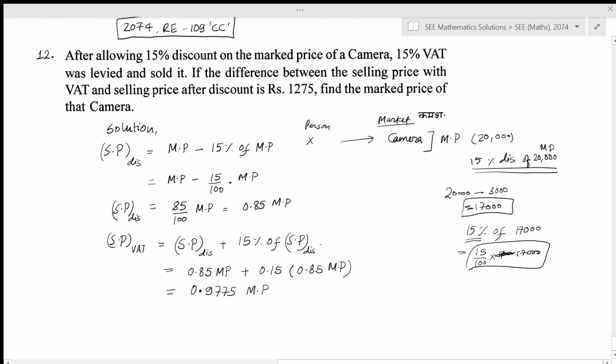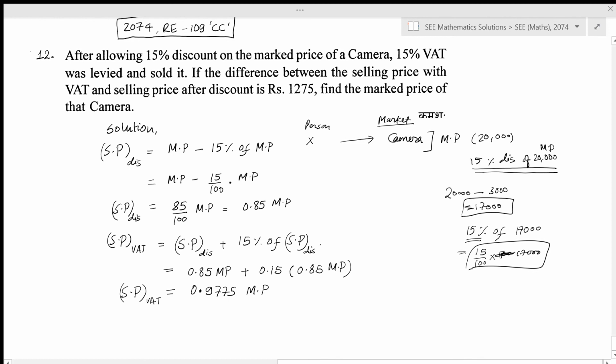MP is common on both. So this is SP after adding VAT. The final amount that the customer has to pay is 0.9775 times the original marked price. Now, the selling price after discount is 0.85 MP and the selling price after VAT is 0.9775 MP.